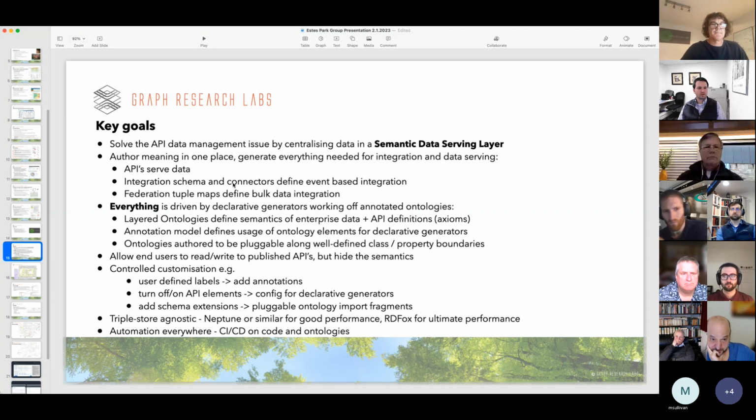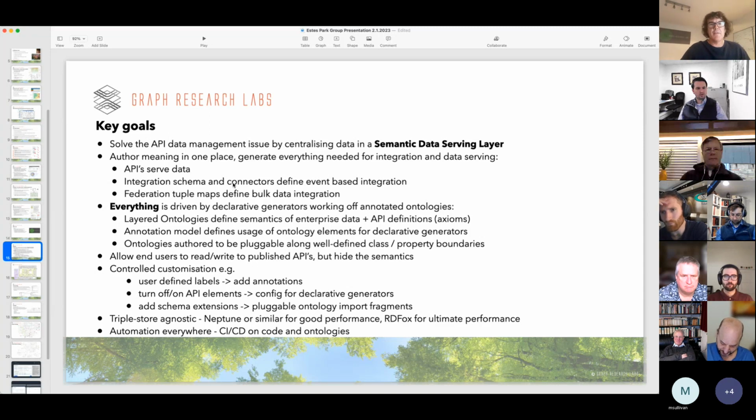But the core concept is that everything's driven by declarative generators. If I'm old enough to remember 4GL languages, we used to believe in doing declarative generation. The industry walked away from it many years ago, but I think its time has come again.